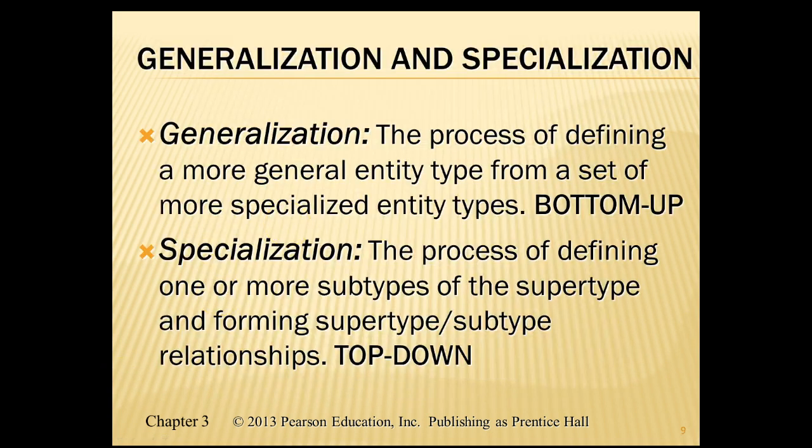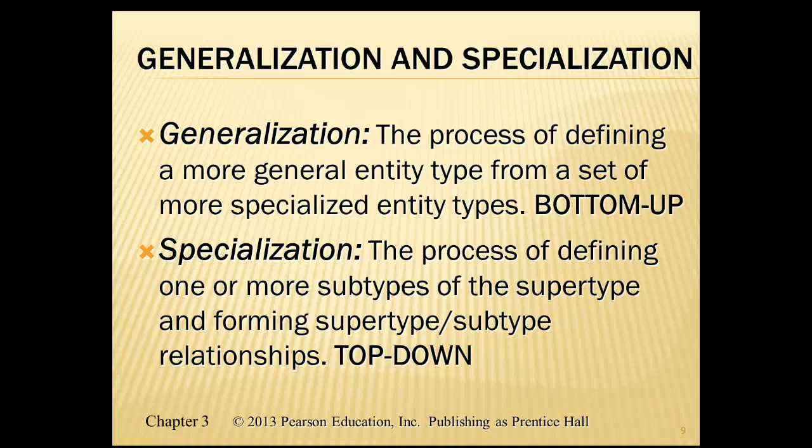So there are methods of creating these supertype to subtype relationships. There's a generalization and a specialization, and the generalization is effectively a bottom-up type of process where you have a number of entities that are closely related, and you take the common attributes of those and put them into the supertype and have the remaining subtypes below to take on that relationship.